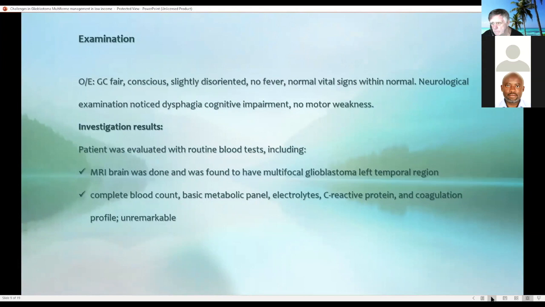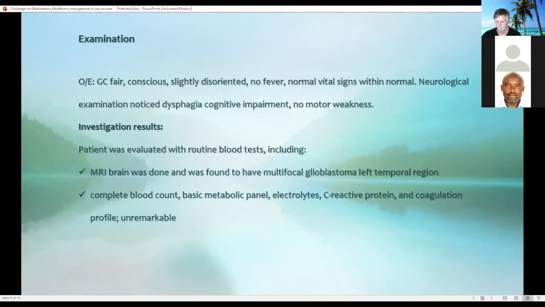So on our clinical examination, her general condition was fair. She was conscious, slightly disoriented. There was no fever, no abnormal vital signs, and neurological examination noticed dysphagia, cognitive impairment, but no motor weakness.